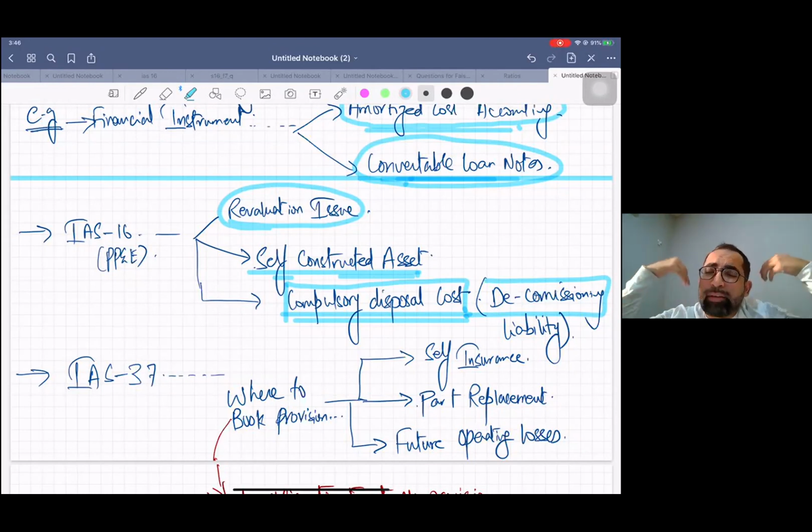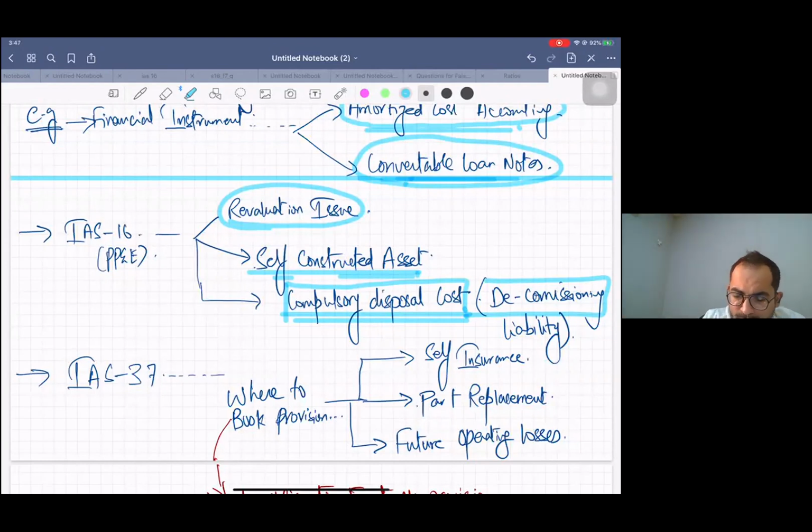That means after 10 years, you need to restore, you need to landscape this site, and you have just signed it. So there is a present obligation, there is an obligating event for this. So definitely you need to book a provision.